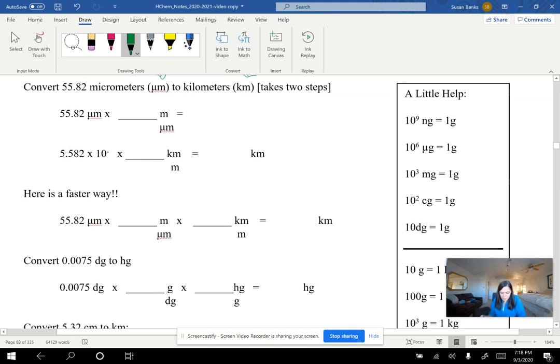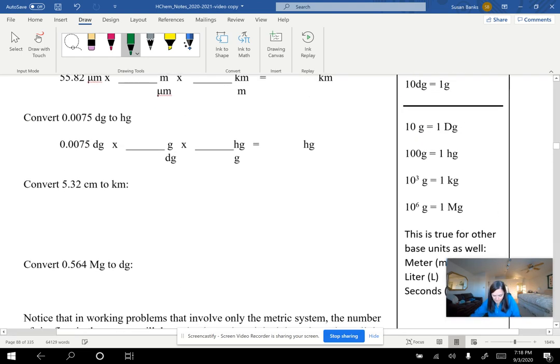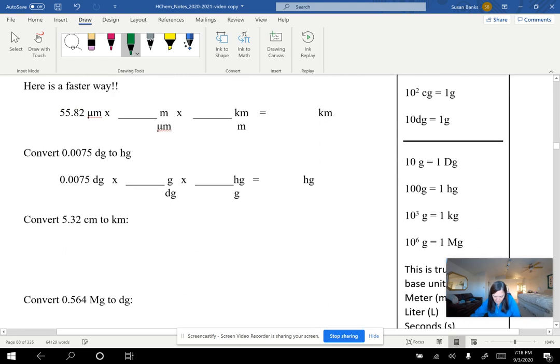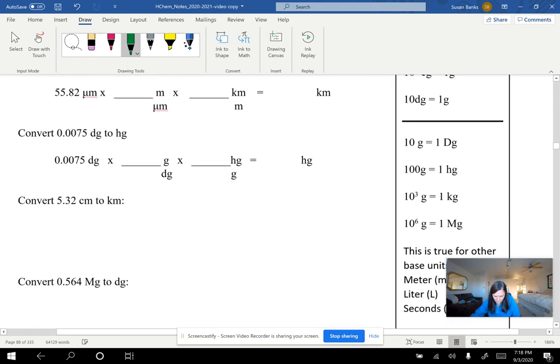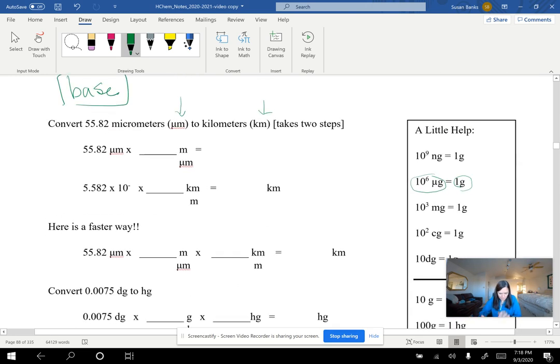So if we look at micrometers, we have a million micro whatever into that base unit. I did it all in grams, but it's true for all the other base units as well. So I'm going to use that equivalency of a million micrometers is equal to 1 meter.